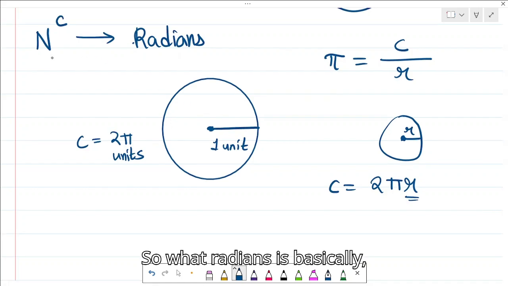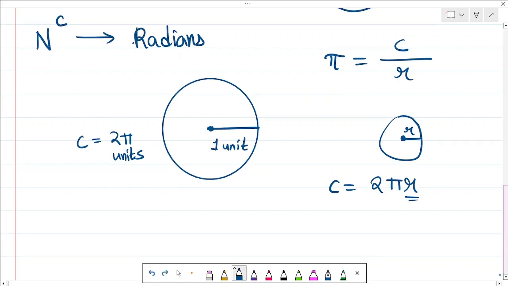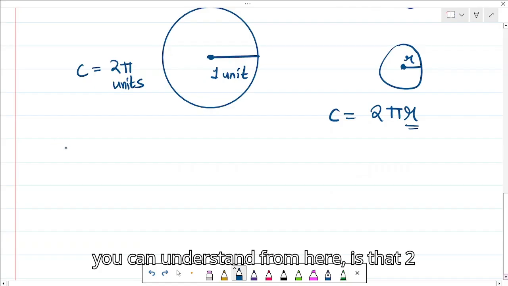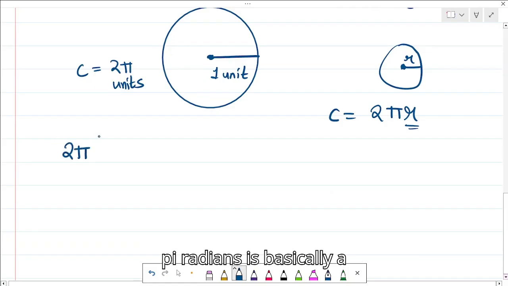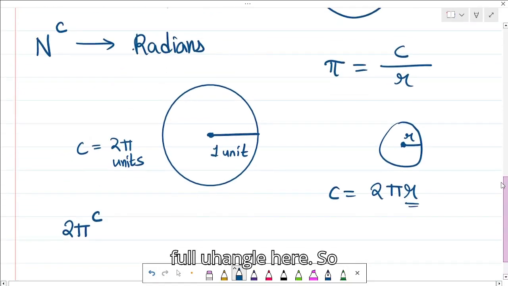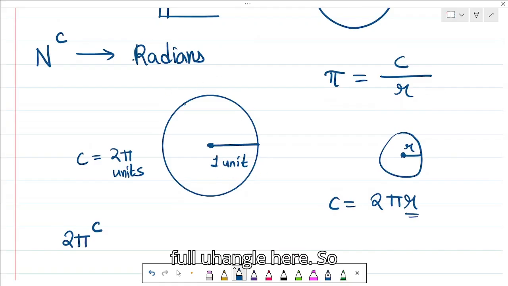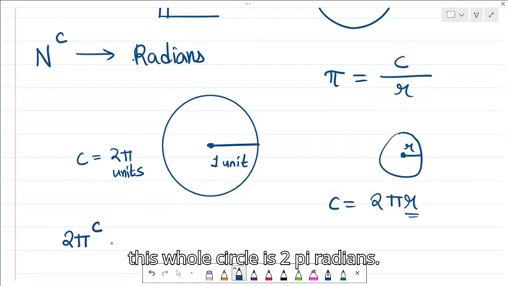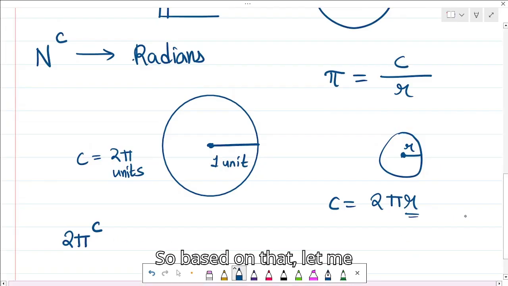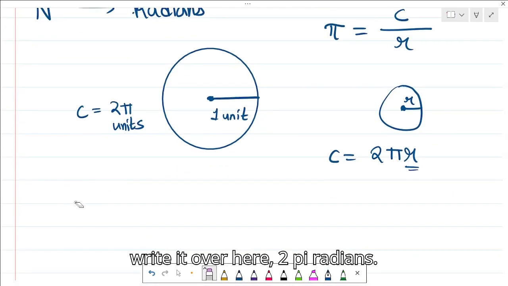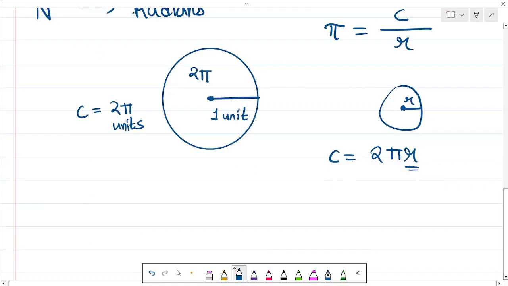So what radians is basically, you can understand from here, is that 2 pi radians is basically a full angle here. So this whole circle is 2 pi radians. So based on that, let me write it over here, 2 pi radians.